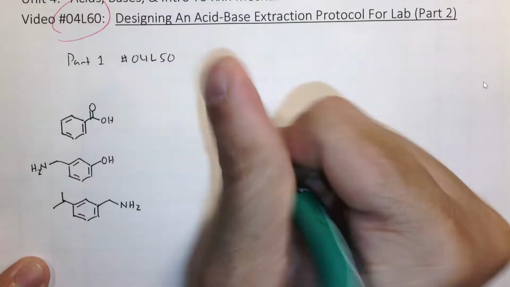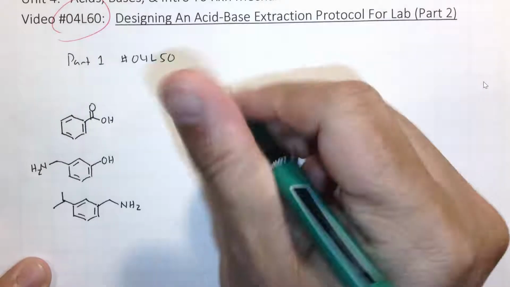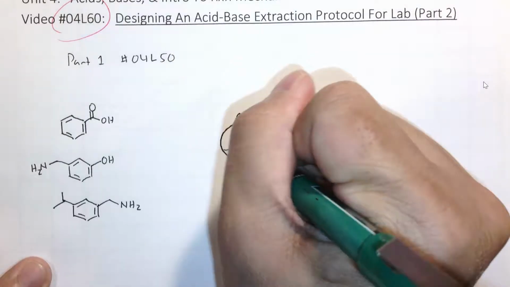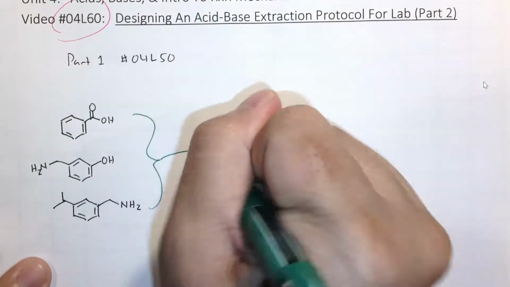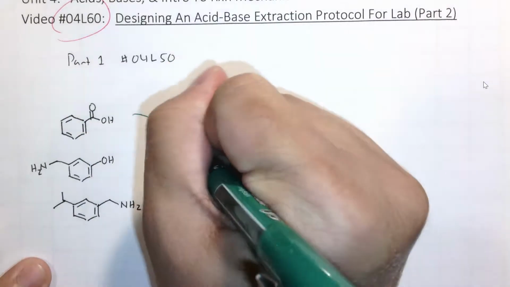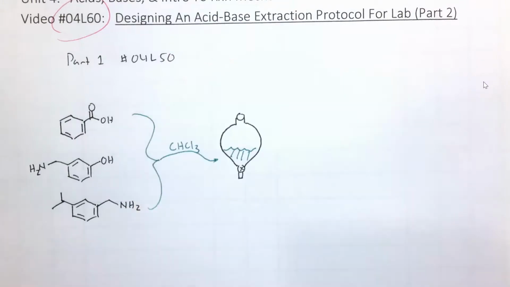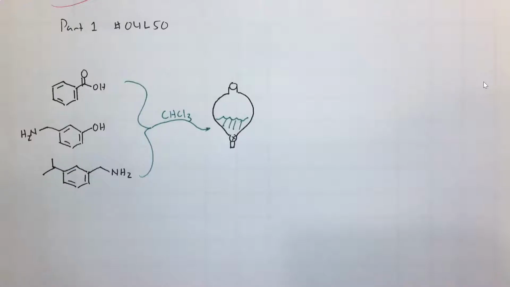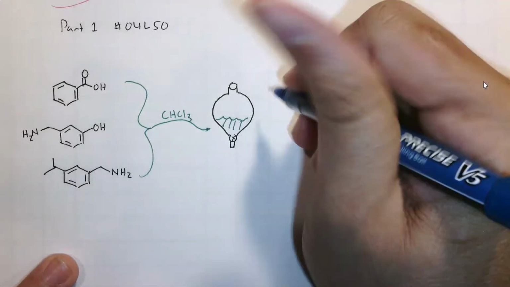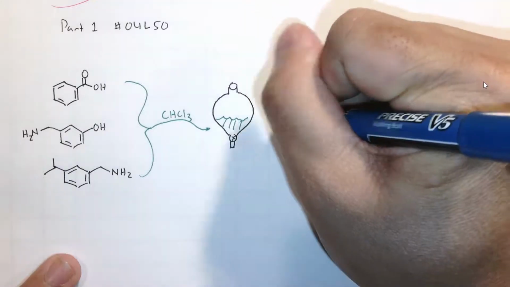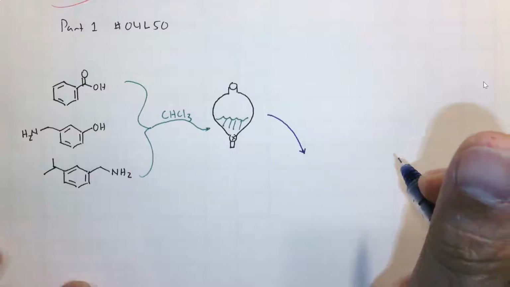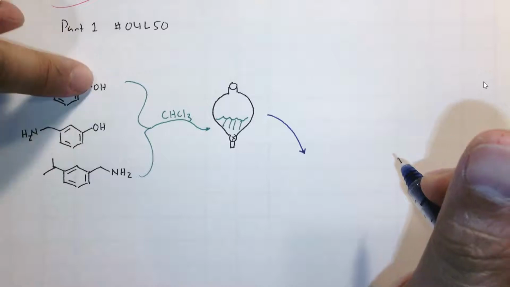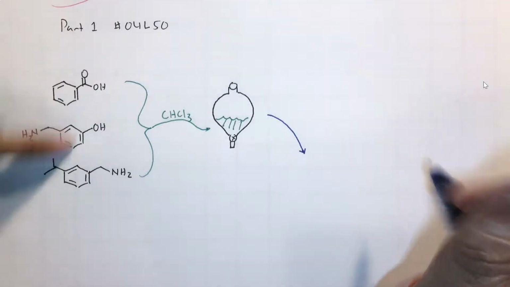And yes, we're going to put everything into chloroform, which I have as green. And yes, they are all soluble in chloroform. But what's the first thing I want to add? The next thing I want to add is a base, a base to deprotonate the stronger acid, but not the weaker acid.